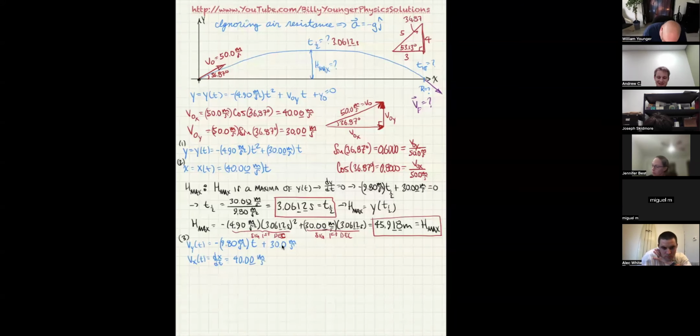I'm going to call that equation 4. So there's another equation I could use. I want to reiterate that this was dy/dt. Okay, so that's another way. Now let's try doing it without the time. Can anybody think of a kinematic equation that can allow us to find the height without first finding the time?